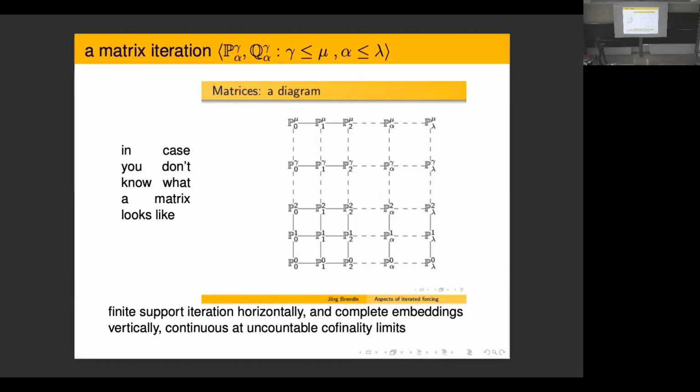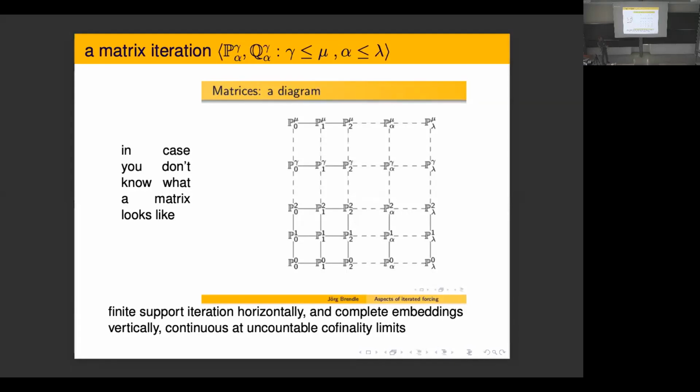And so a matrix iteration, if I'm not oversimplifying. As you go from one column to the next column, this poset here is simply this poset star some poset here. And the trick is as you go up a chain, everything's supposed to be completely embedded in everything else according to the pictures. But what de facto happens in matrix forcing, if I'm not oversimplifying for experts like Diego, is that the chain of these posets as you go up, this guy star Q_{1,0}, this guy star Q_1, this guy star Q_2, etc. What's the connection of the Qs as you go up?